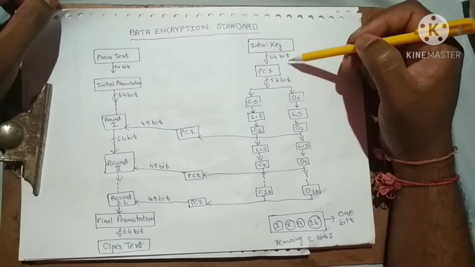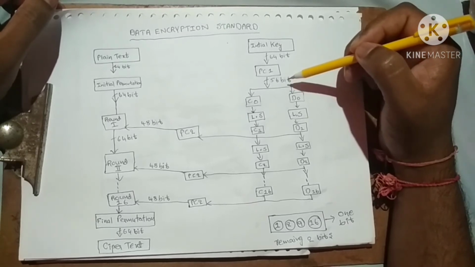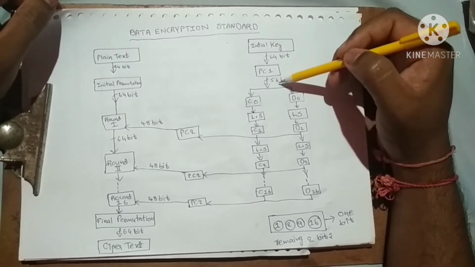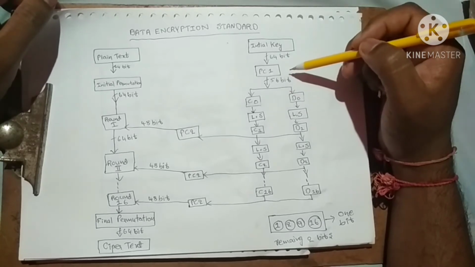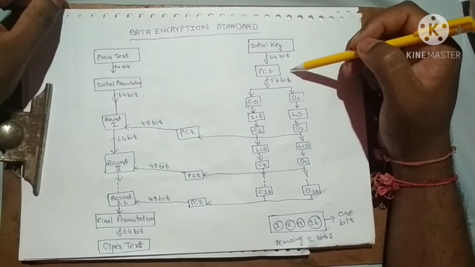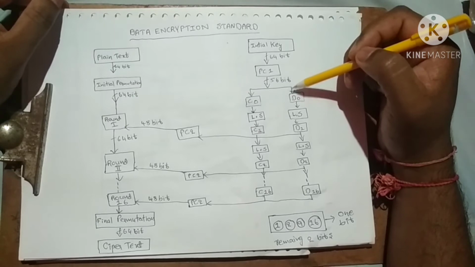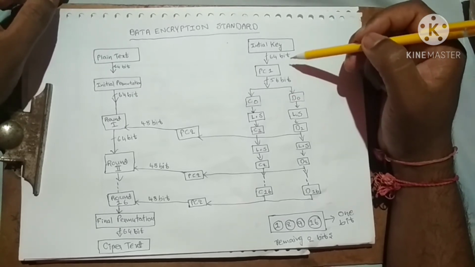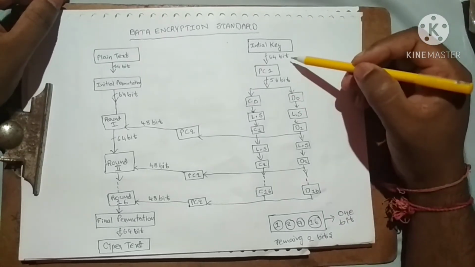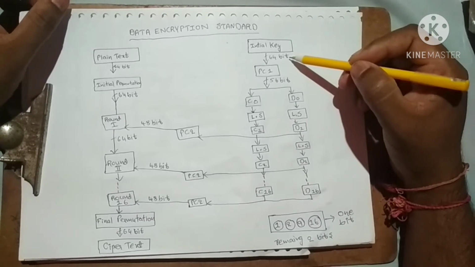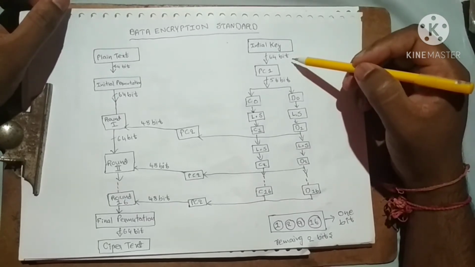Then what happened to the remaining 8 bits? The difference between 64 and 56 is 8 bits. The remaining 8 bits are removed from the key because every 8th bit is neglected or removed.